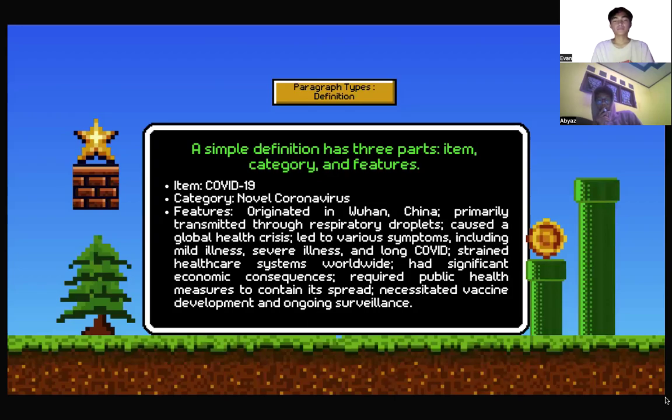For example, the item is COVID-19, the category is novel coronavirus, and the features are: originated in Wuhan, China, primarily transmitted through respiratory droplets, caused a global health crisis, led to various symptoms including mild illness, severe illness, and long COVID, strained healthcare systems worldwide, had significant economic consequences, required public health measures to contain its spread, and necessitated vaccine development and ongoing surveillance.